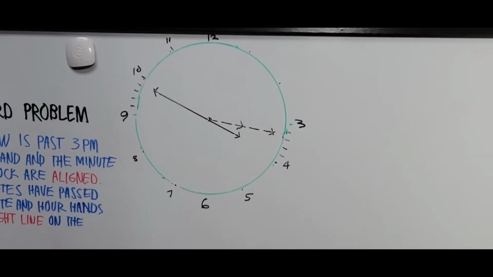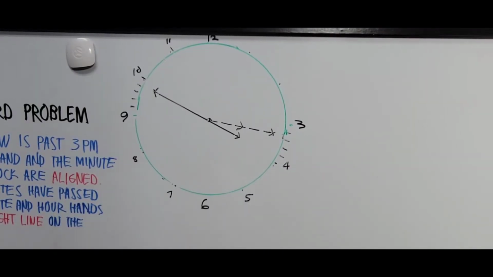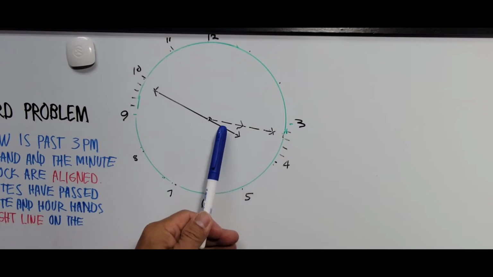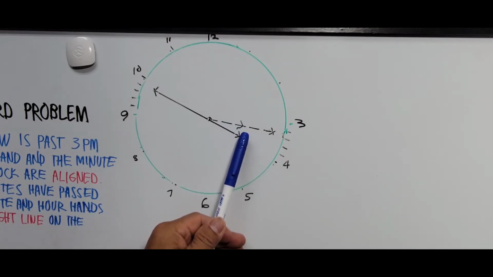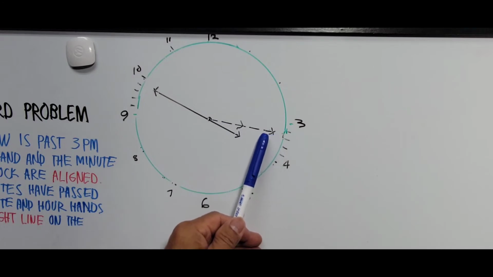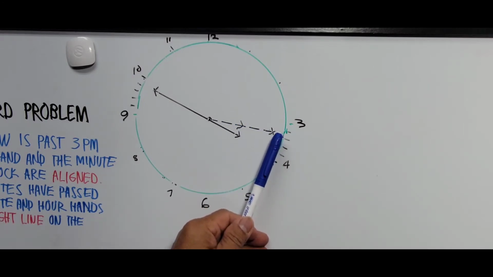Now we have an analog clock illustration on the board. In the first instance, the hour hand and the minute hand are aligned with each other, so that's still past 3 o'clock. It's pointing them together.